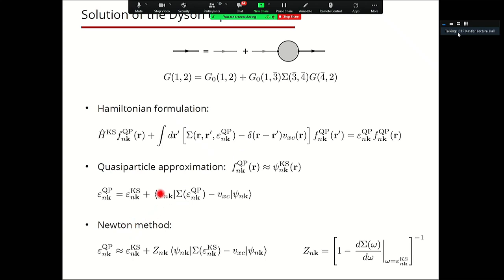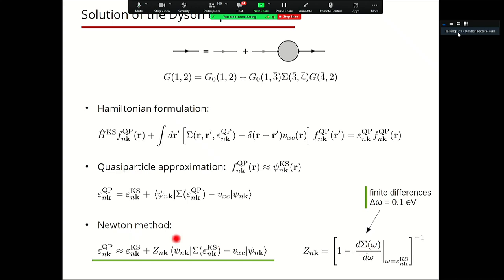Then, usually, this equation is solved within the Newton method, in which the self-energy computed at the quasi-particle energy is Taylor expanded along the Kohn-Sham energy. Then we need to evaluate the first order coefficient that is usually computed with the finite differences method.